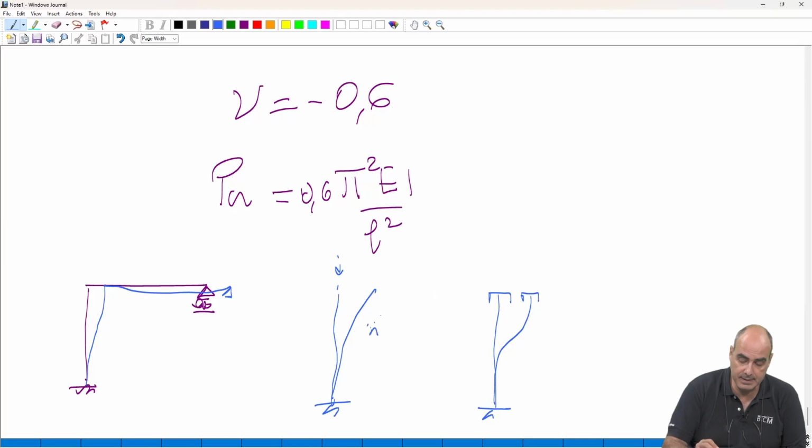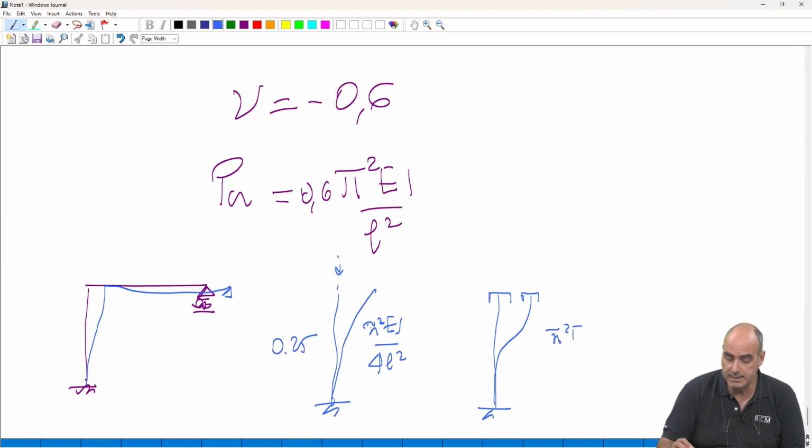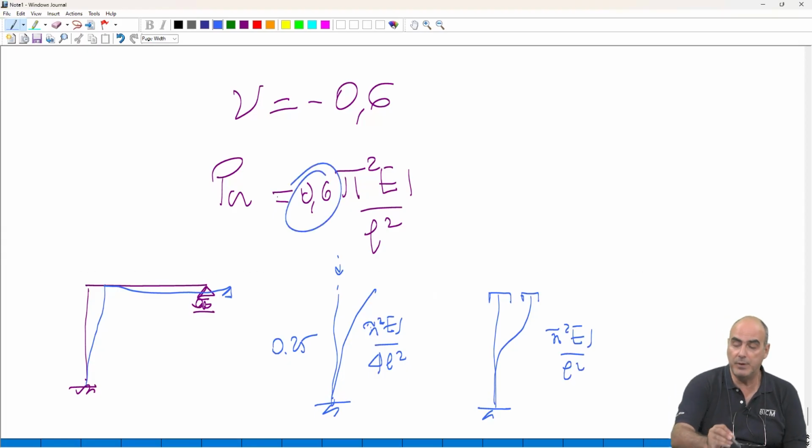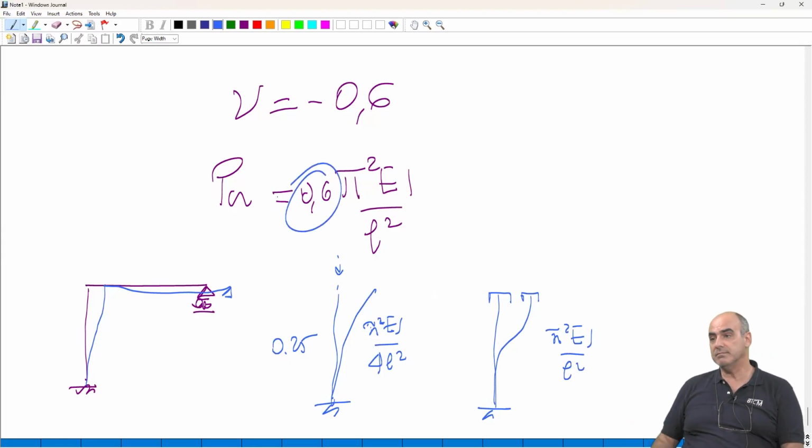In this case, the critical load is pi square EJ over 4L square, which means 0.25. And in this case, it is pi square EJ over L square, which means 1. We have found 0.6, which is something in the middle. Actually, it happens to be really quite symmetric between 0.25 and 1.